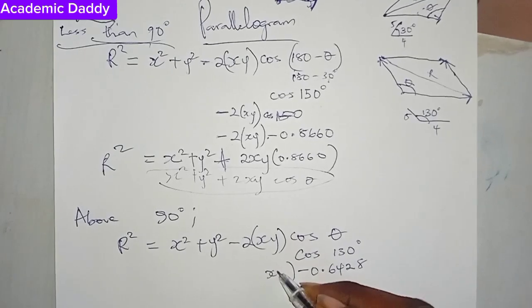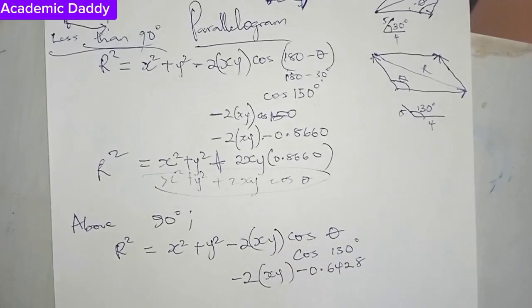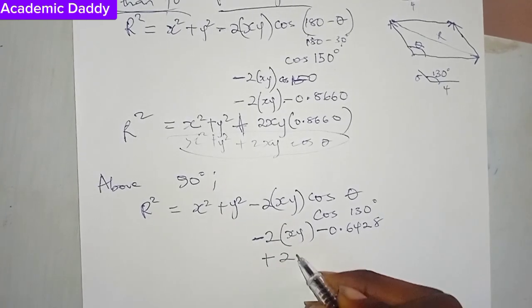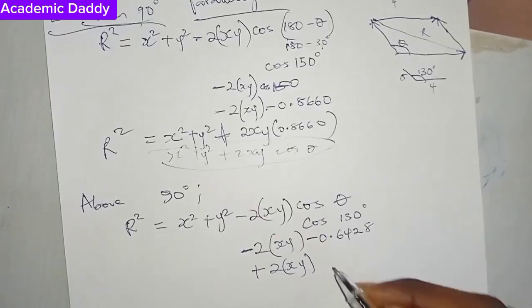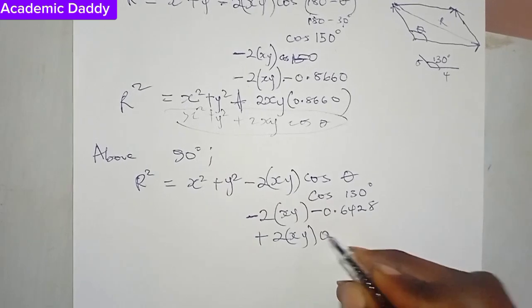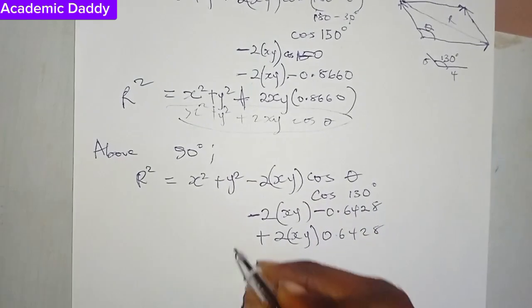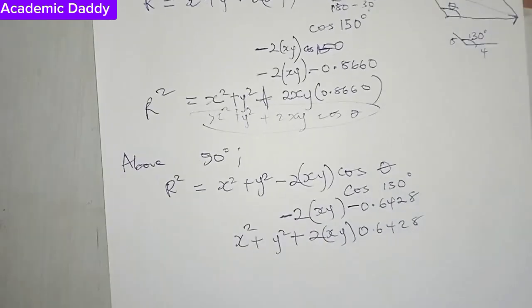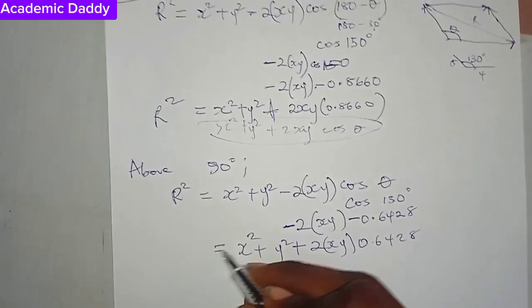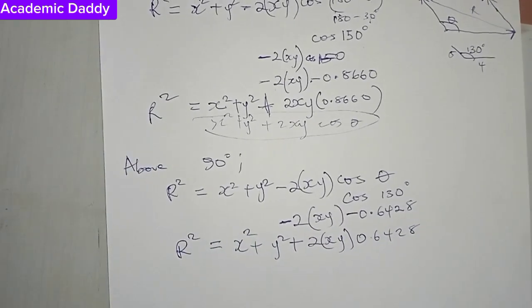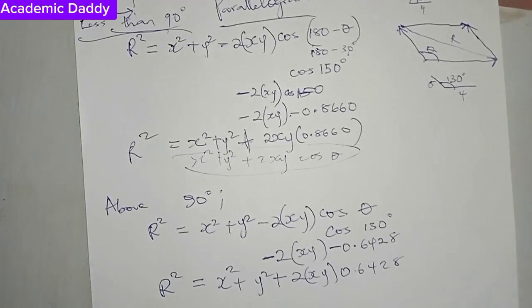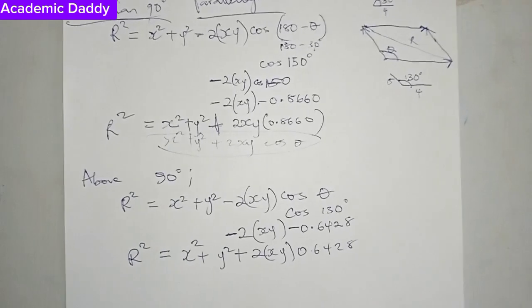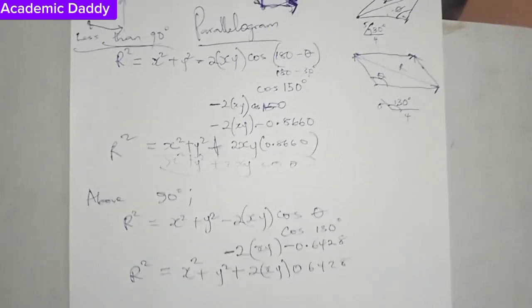If you multiply this, minus times minus will give you a positive value of 2XY, whatever X and Y are. Then X squared plus Y squared plus that term equals R squared. So very important to note. Once it's above 90, remember the principles we're using, and if you do this wrongly, you will not be able to get it right. So you have to remember this principle.